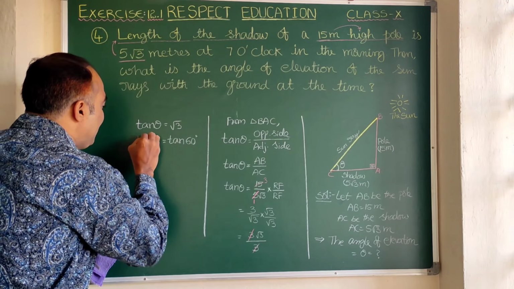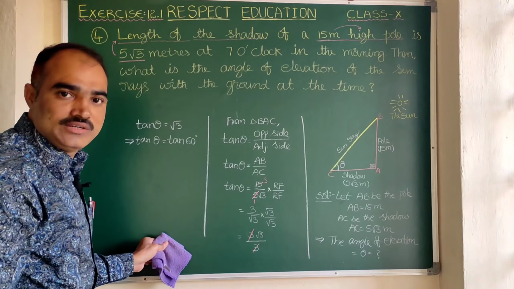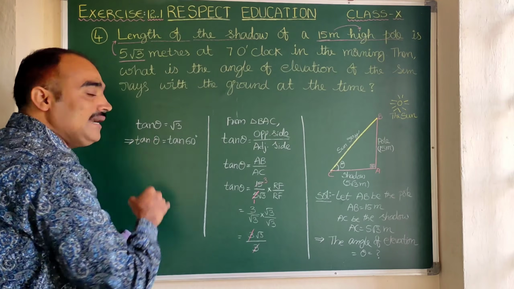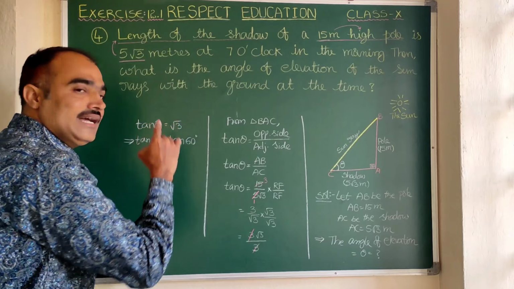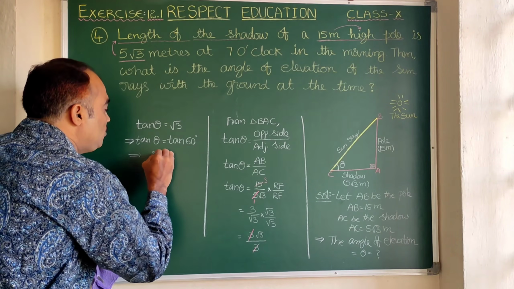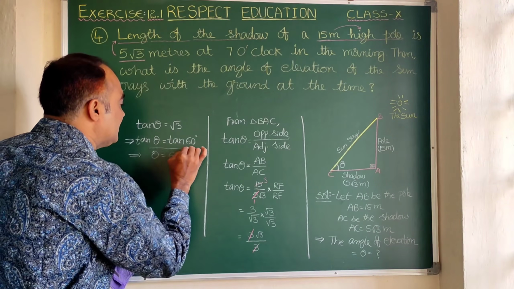Here we have tan theta. So finally we have tan theta is equal to tan 60. Here we should not cancel tan and tan, but we need to understand that tan theta is equal to tan 60, then definitely theta is equal to 60 degrees. But you do not cancel it. So just write theta equal to 60 degrees.